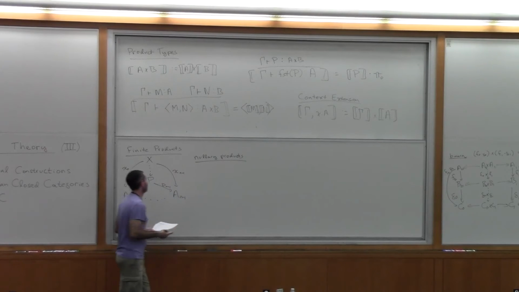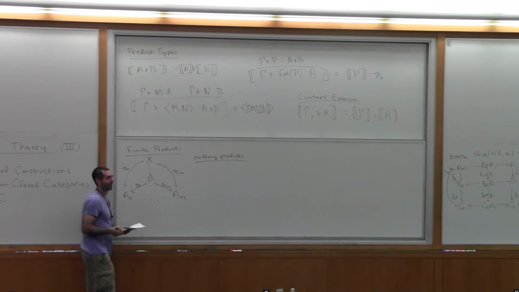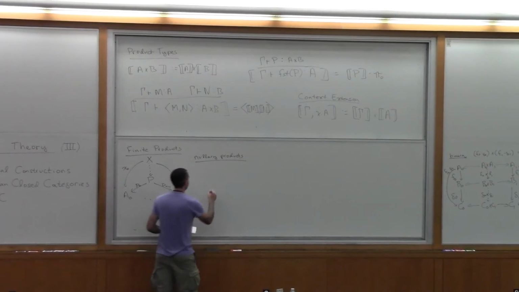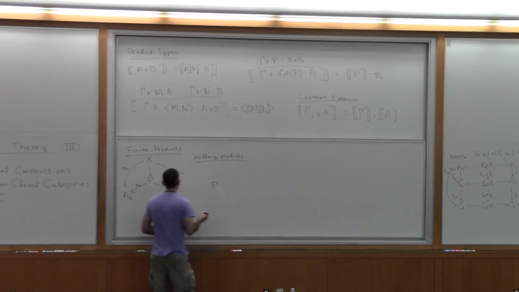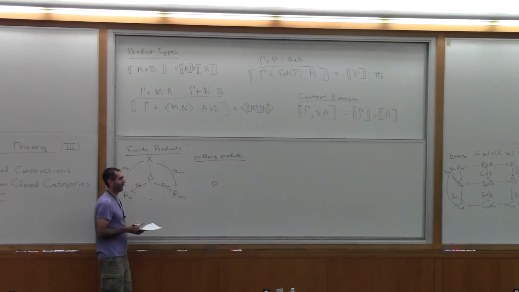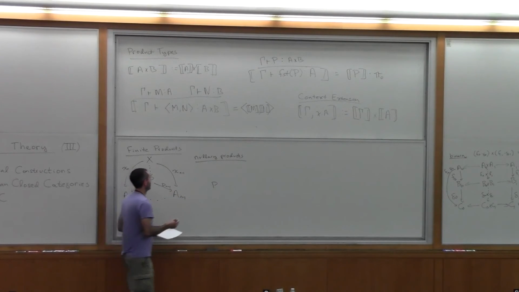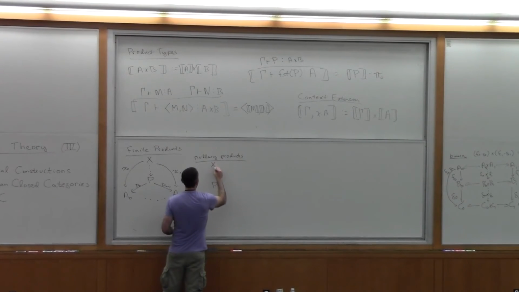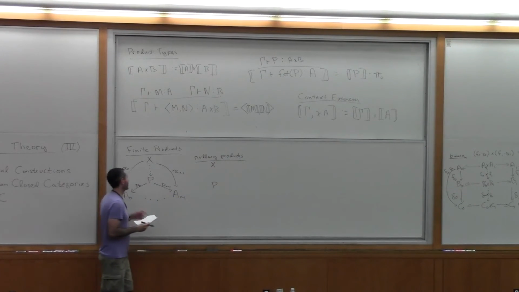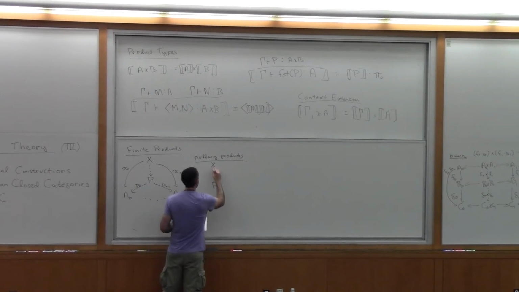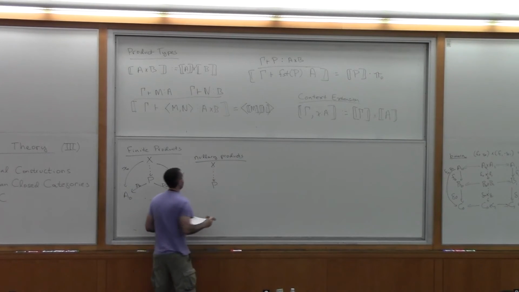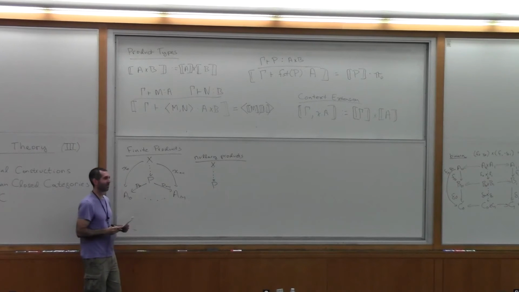What about if n is 0? Well, then the universal property says that we have an object P with 0 projection maps, such that for any object X with 0 legs of its span, there's a unique arrow from X to P, making all 0 triangles commute. Okay?